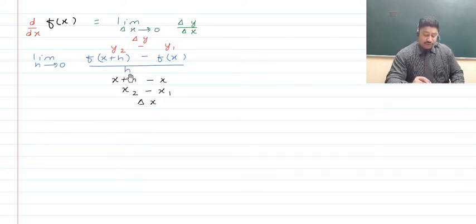Now, h can be written as x plus h minus x, and x plus h is the later value of the independent variable, from which the earlier value, that is x1, is subtracted, or in other words, we can say that this is delta x. Now, the numerator is the later value of the function, from which we subtract the earlier value of the function, or in other words, this is y2 minus y1, and thus it can be written to be delta y, right?